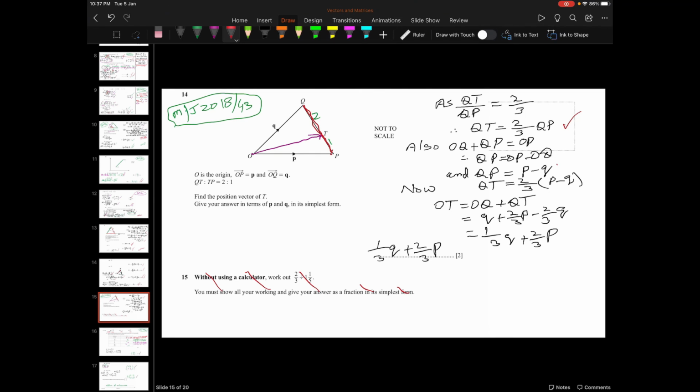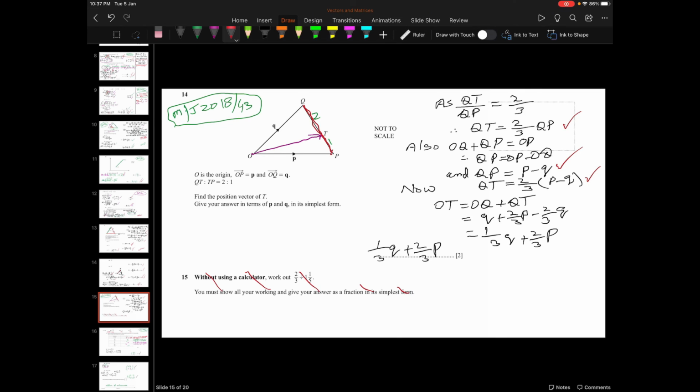Therefore, QP is equal to P minus Q. But QT is equal to 2 upon 3 QP. So substitute the value of vector QP here. Hence QT is equal to 2 upon 3 into P minus Q.